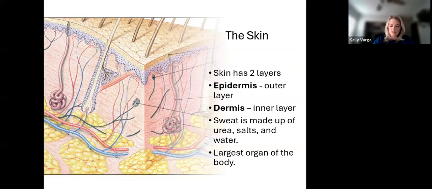And again, as that sweat comes up to the top and it evaporates, thinking about the different properties of water, it takes a lot of temperature to raise the degree of water. So to move it from a liquid to a gaseous state, you are relying on that temperature change, because as it wicks away and transitions into that gaseous state, it now pulls heat with it, right? So it traps the heat in that water molecule and pulls it off at the breaking of those bonds as a transition state.